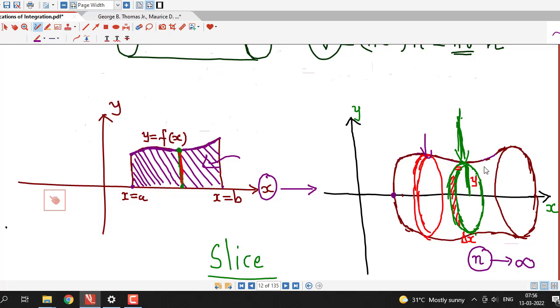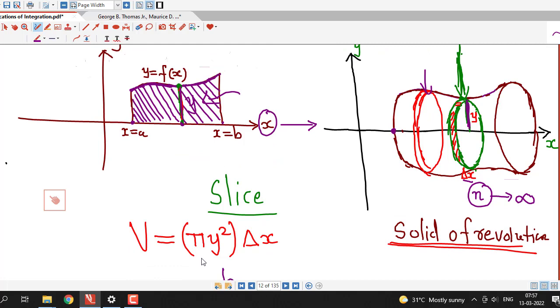If we cut this solid perpendicular to the x-axis, then we will obtain a disk which is in circular shape, or we obtain a circular disk. Now the radius of that circular disk is the distance between the axis of rotation and the graph of y equal to f(x). So this distance, which is y, will be the radius of this circular disk, and suppose the thickness of this circular disk is delta x, then the volume of this circular disk is base area, which is pi into y square, times delta x.